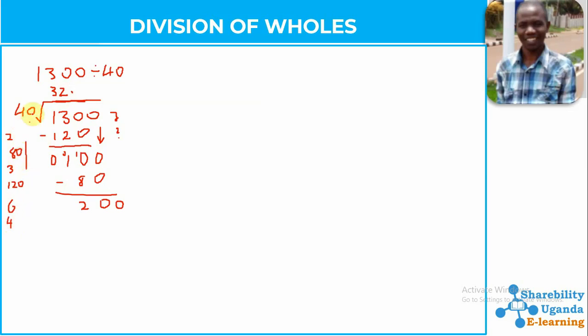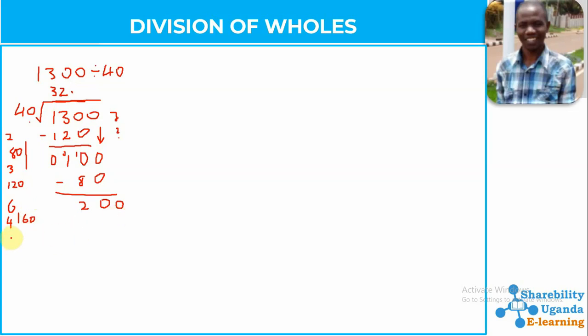Then we say what is 40 times 4? What do we get? 4 times 4, we get 16. So that means by 4 we get 160. So this simply means we can now try what is remaining here to get 200. There is 40.